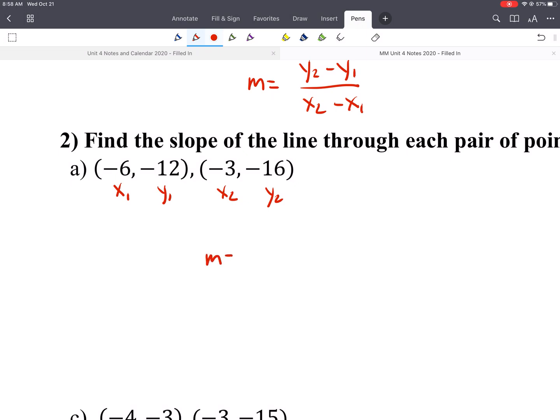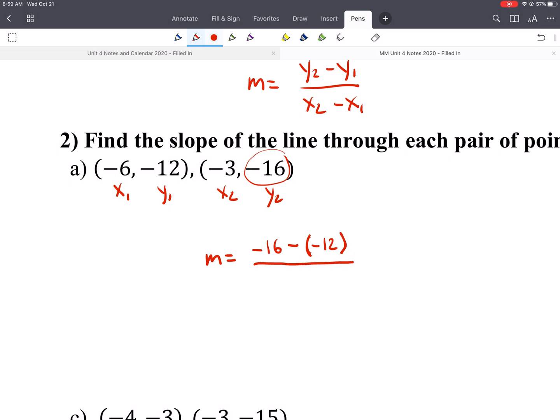So m is equal to y2, that's a negative 16, minus y1, and that's a negative 12. Make sure if you have a negative value that you put it in parentheses, because now we're going to have a double negative that will give us a positive, and I'll do that in the next step.